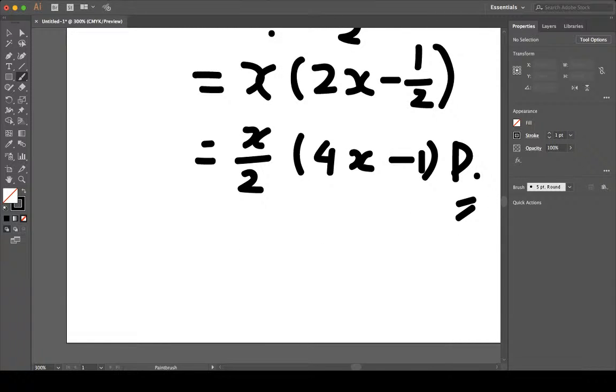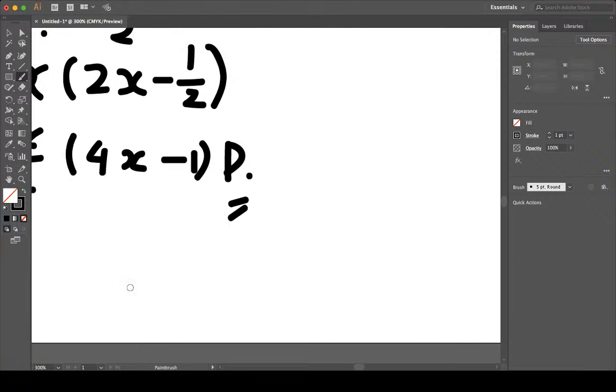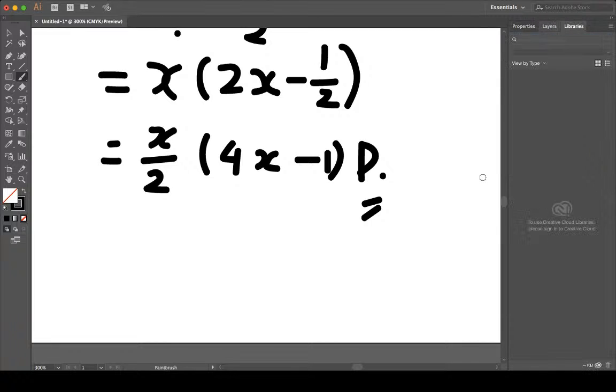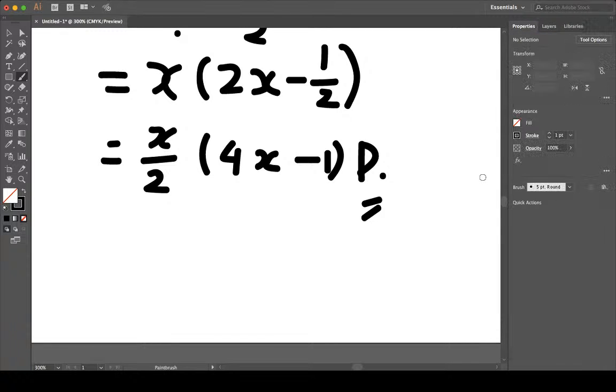So let's go to the next slide here. Oops. Oh wait, I have actually run out of the page. So let me just try to figure out how to add a new page.